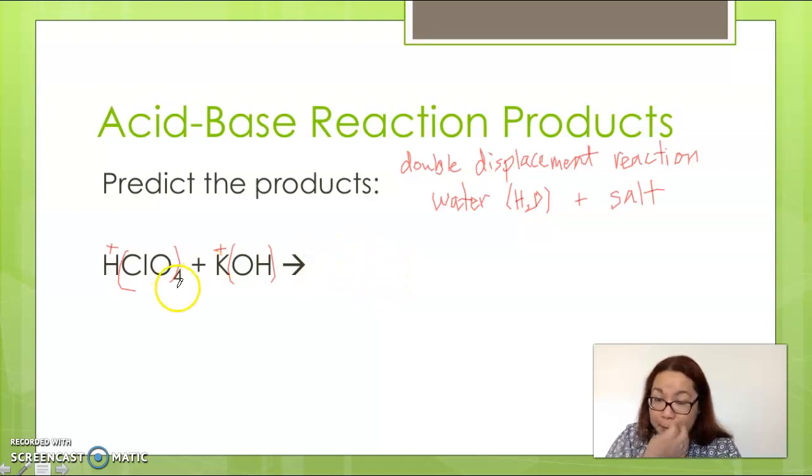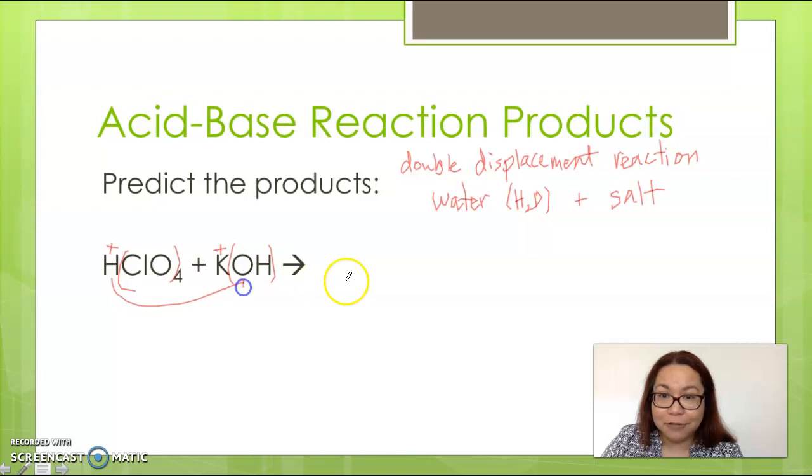So what you're going to see here is this hydrogen is going to join this hydroxide, and we'll end up with H2O. That's your water. And this potassium will join with this chlorate here, and you will end up with this compound.